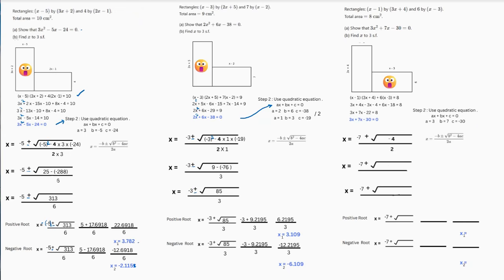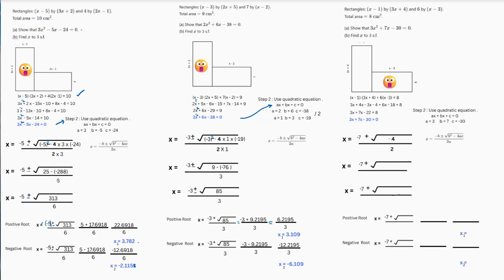So it stays as a negative, okay? So there's no negative equals a plus like that one. It literally is a negative. So negative 3 plus 9.2195 over 3. Put it all into the calculator.